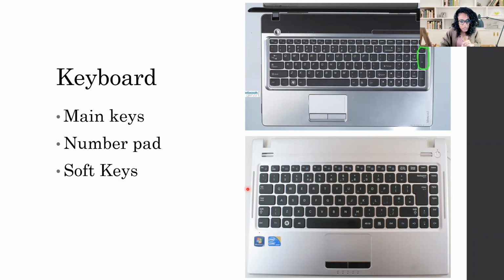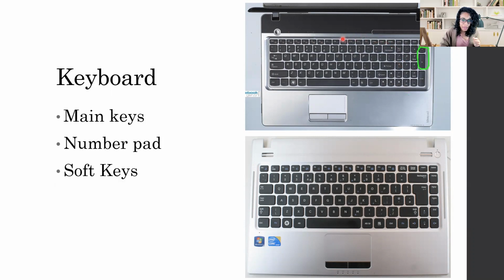So you have your main keys, your letter keys, everything you need for word processing, your directional keys down here, and you may have a number pad. This is getting to be a premium feature, I'd say. It's getting to be less common on your everyday laptops, for sure.